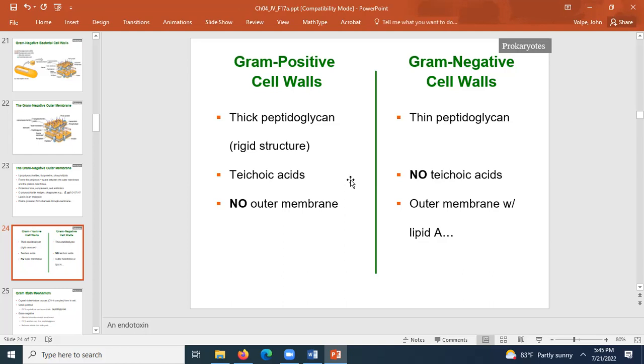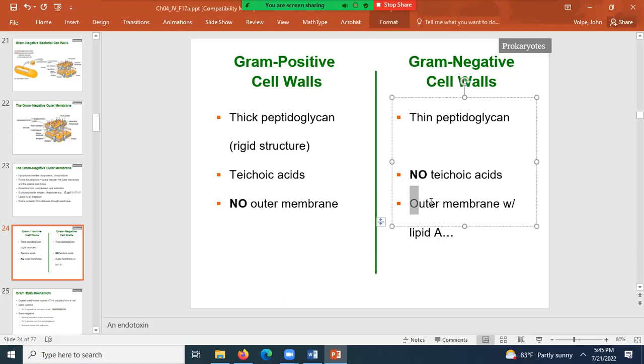All right, you don't need to know this, but you might have noticed the way I worded that. If the cell is gram-negative and has a cell wall, then it has an outer membrane. However, there is one family of bacteria which does not have a cell wall, and it stains gram-negative in the gram stain.